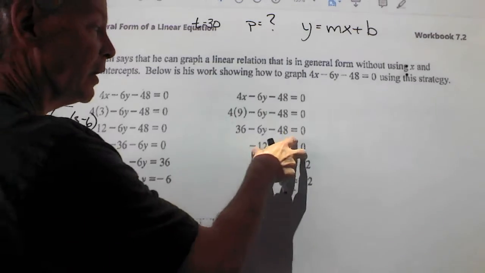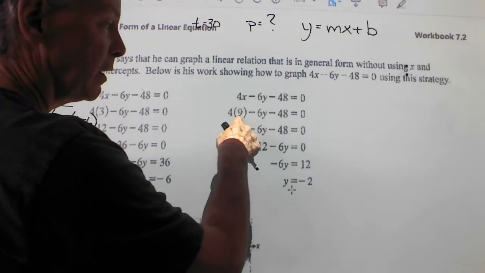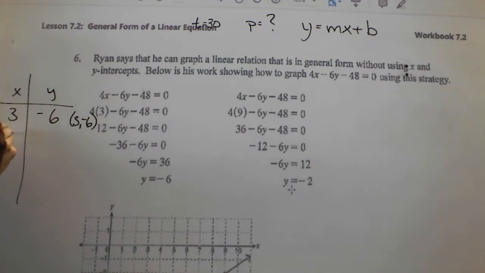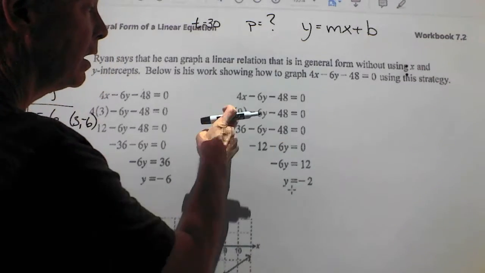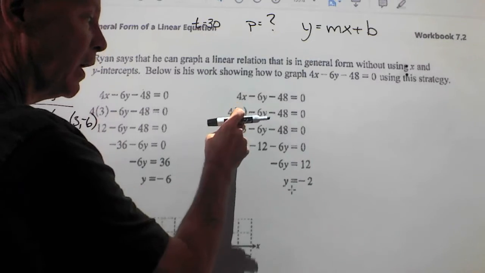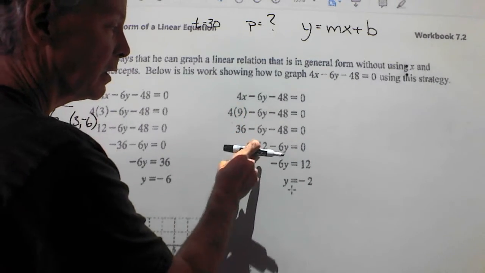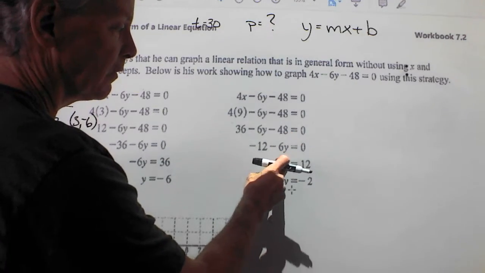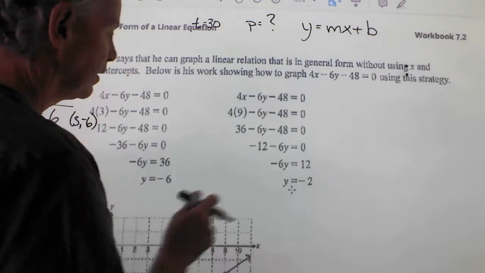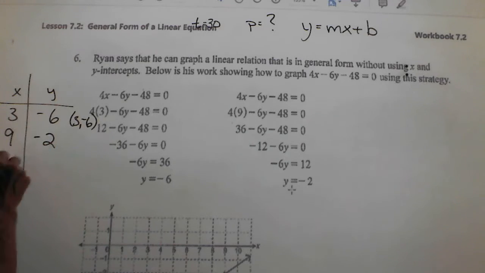What Ryan did over here was he simply chose another x value. This time he chose x equals 9. He did exactly the same thing, subbed in a value of 9, simplified his equation, isolated his variable, right, added 12 to both sides, and then divided through by -6 to give him a y value of -2.